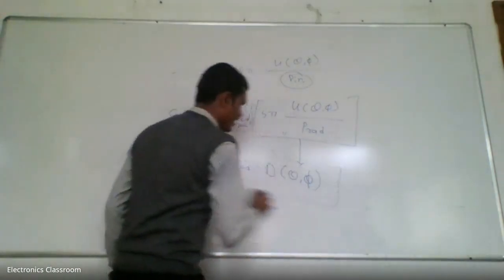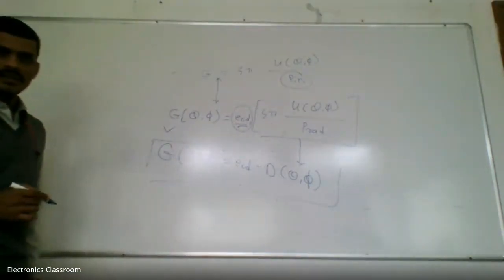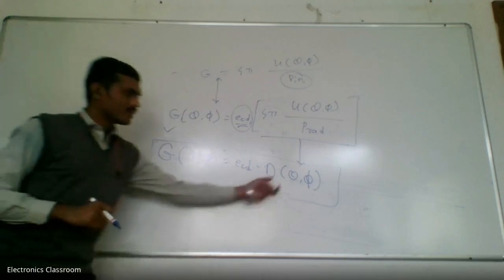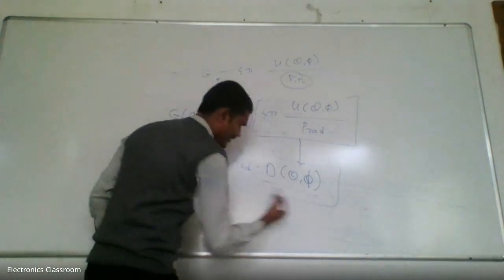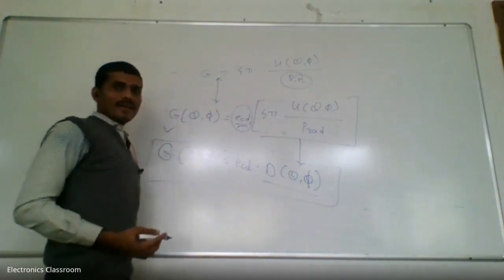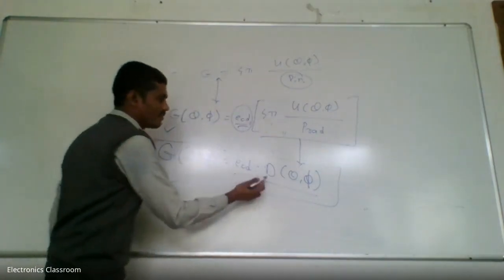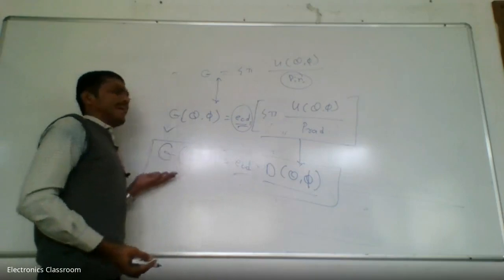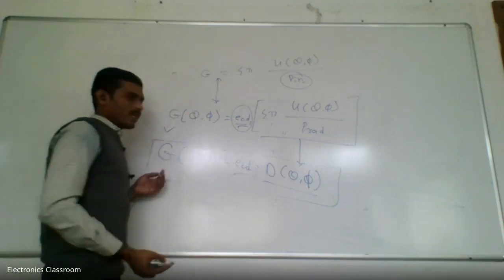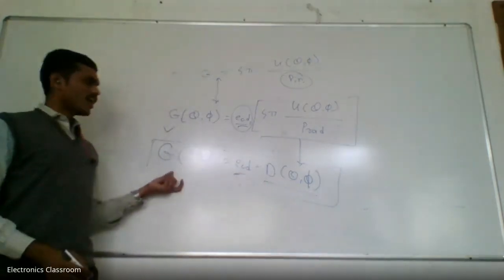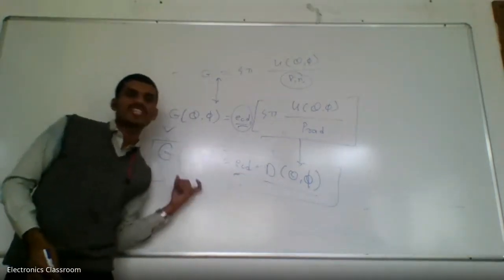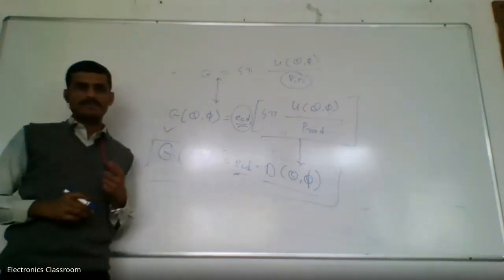So your gain is related to the directivity. By multiplying directivity by the radiation efficiency, we can calculate the gain. That means the product of radiation efficiency and directivity is known as the gain, that is, the absolute gain of that antenna.